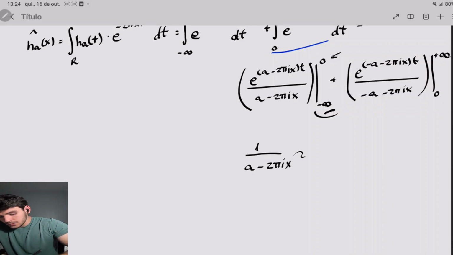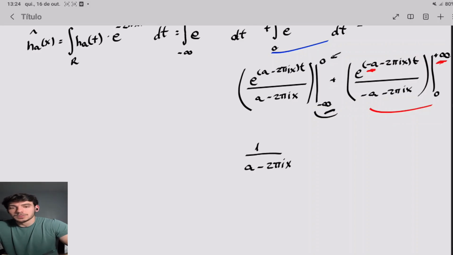Okay. So now analyzing the other one, here when we substitute plus infinite, we're going to have the same thing. The real part is decreasing to 0, and the imaginary part is always 1, so we'll have 0 times 1, that's 0, so it won't add any value for us. And when we substitute 0 here, we'll have exponential of 0, that's 1.